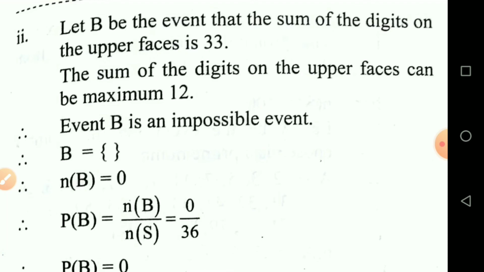The maximum sum in the sample space is 6 plus 6, that means 12. There is no sample point in the sample space whose sum is 33. It is impossible. B is equal to the empty set.